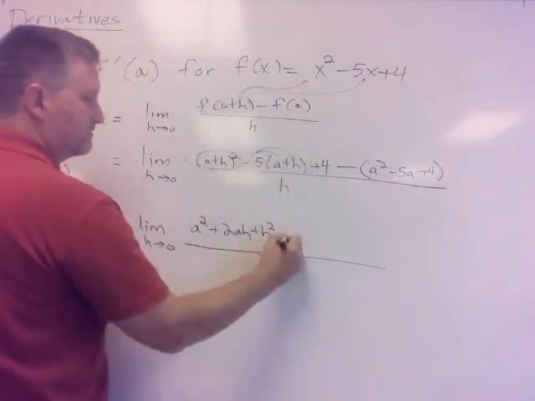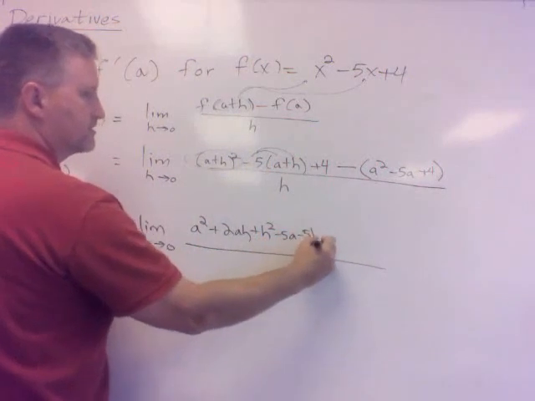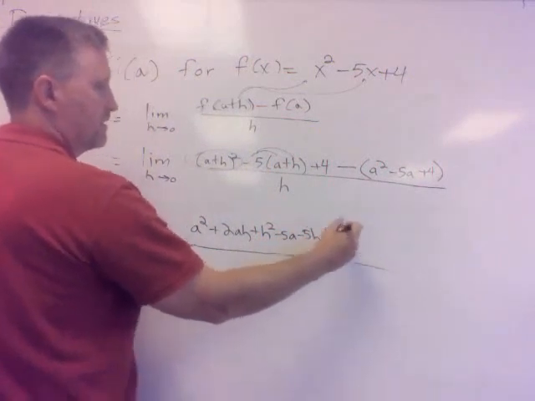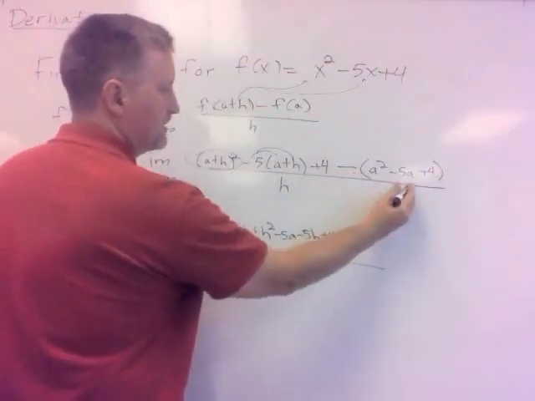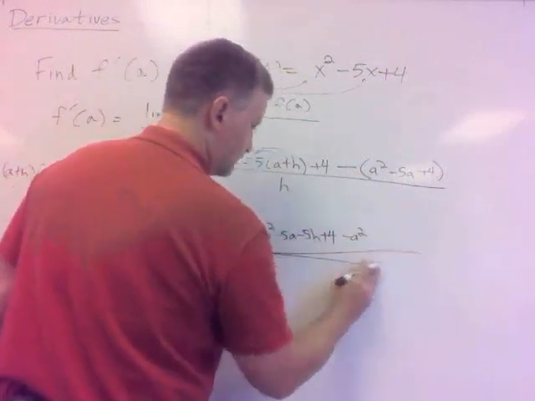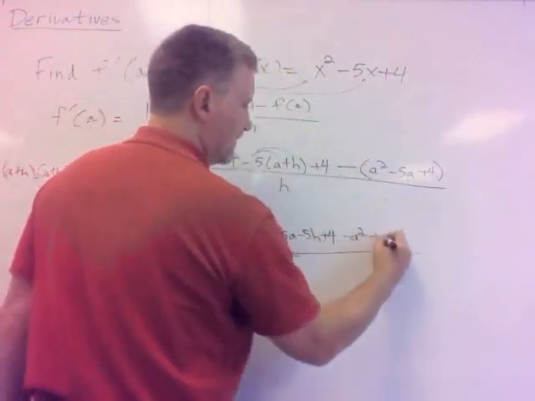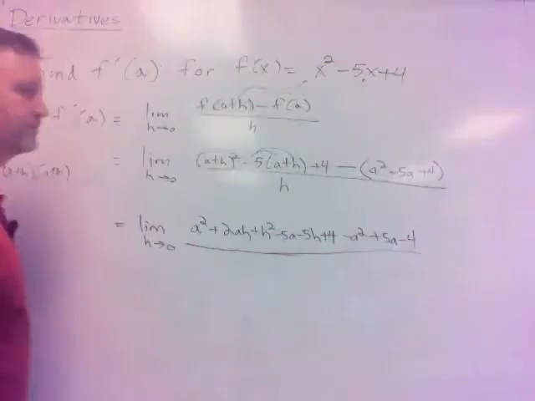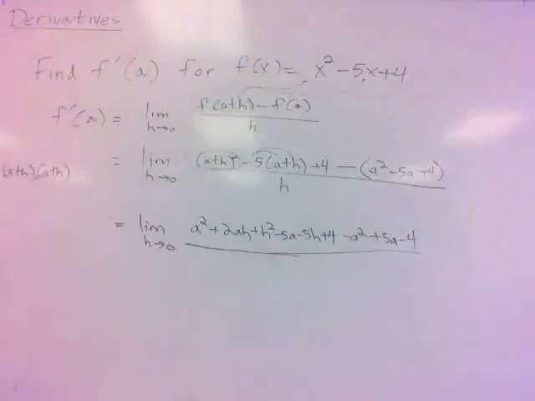Distribute the minus 5, so it'll be minus 5a minus 5h plus 4. And then over here it is minus all this, so that'll be minus a squared plus 5a minus 4, wouldn't it? So the top becomes that. Is that okay? Look all right? All that over h. With me so far?